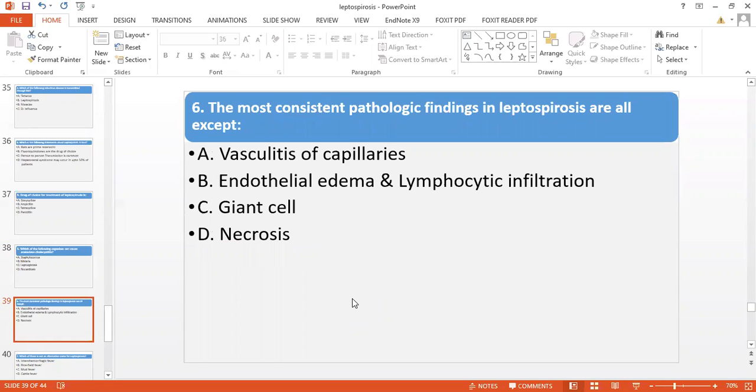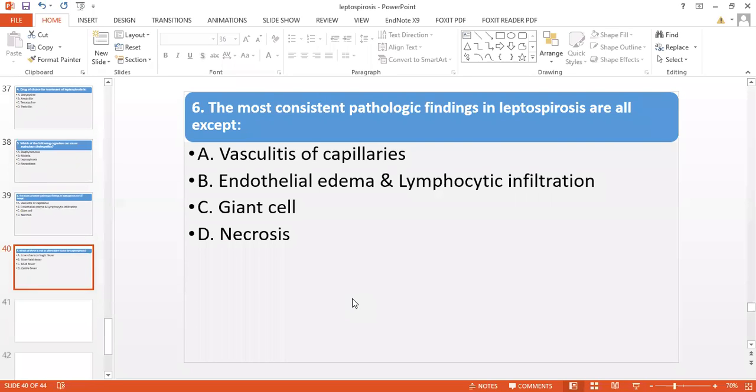The most consistent pathogenic findings in leptospirosis are all except... Yes, it's C. The rest of the statements are true. It causes vasculitis, endothelial edema, lymphocytic infiltration, and necrosis, but there are no giant cells in there.